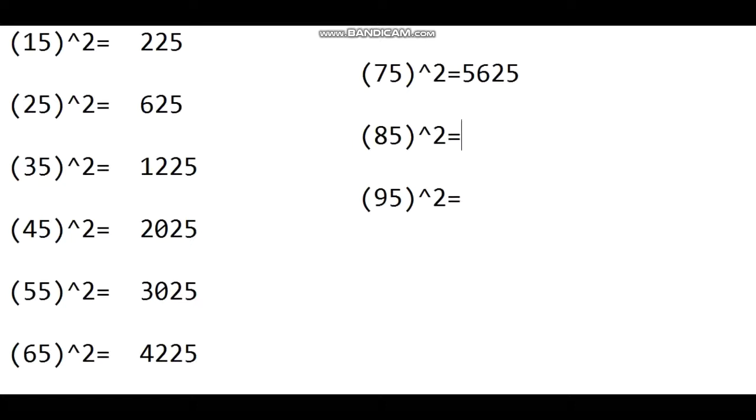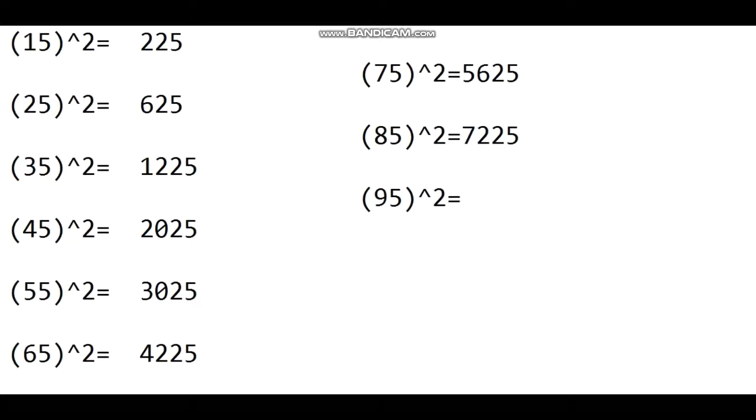Now take one more example. If you can't understand, skip back in the video 20 or 30 seconds. Now 85 square means first write the square of 5, and now multiply 8 by its next number, that is 9, which means 72. And now here is 95.